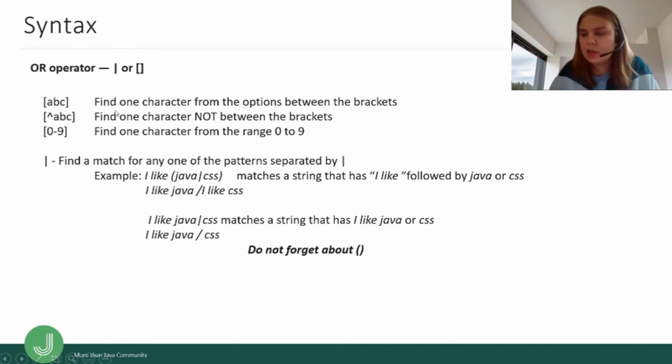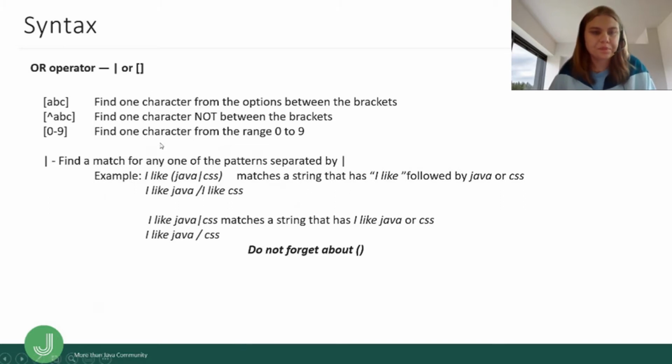And we can use a dash to describe a range of symbols. For example, here we are searching for digits from 0 to 9. And we can also use the pipe and write different options that we are searching for in the string.